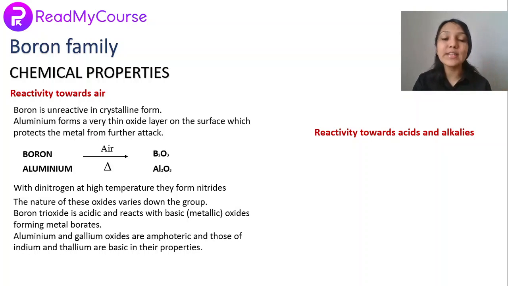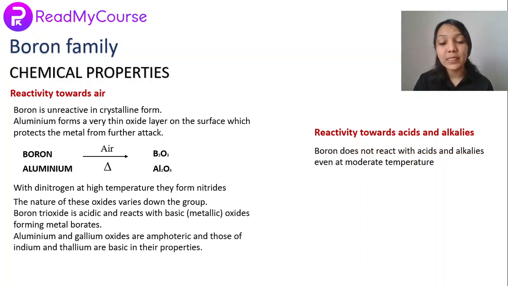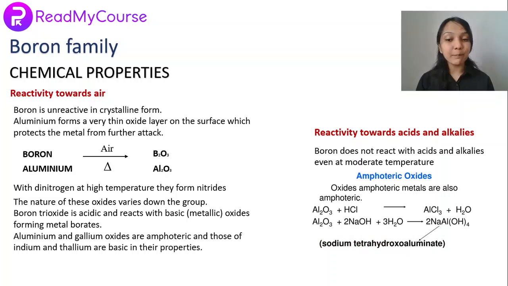We'll see how all these elements react towards acids and alkalis. Fine. The first one, boron, does not react with acids and alkalis even at moderate temperature. So now we know that boron is unreactive with air in the crystalline form, and it does not react with acids and alkalis even at moderate temperature as well. Fine. And oxides of amphoteric metals are also amphoteric.